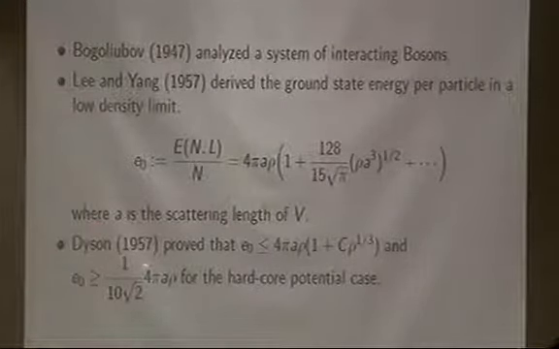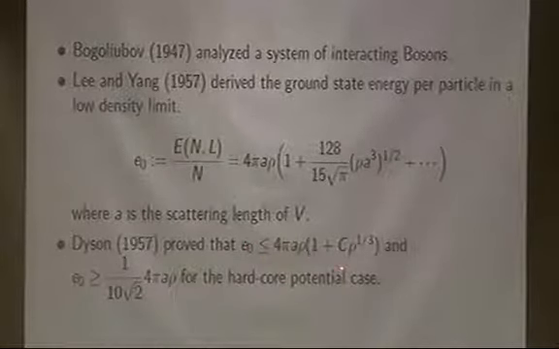And Dyson, who is generally regarded as the first mathematical physicist in this sense, proved that E0, the ground state energy per particle, is less than this, and bigger than this. The right answer should be 4 pi a rho times 1 plus this thing.